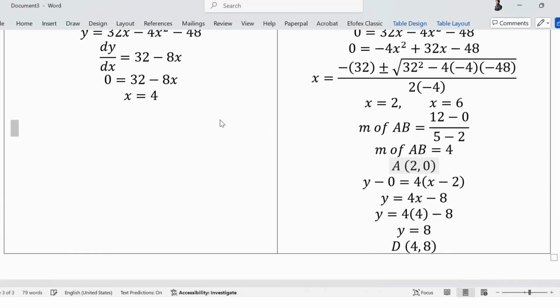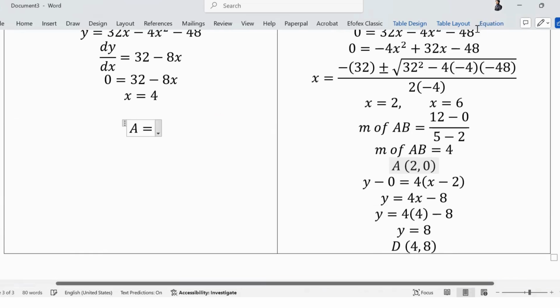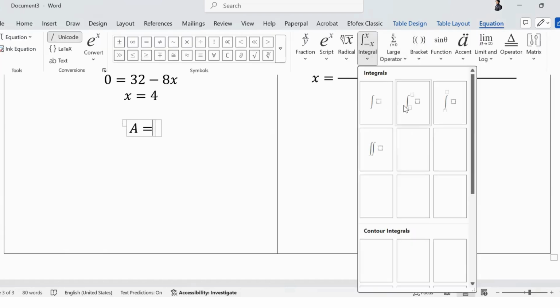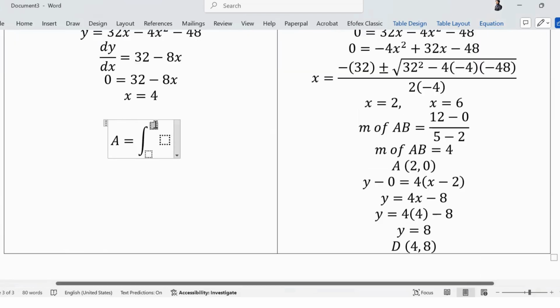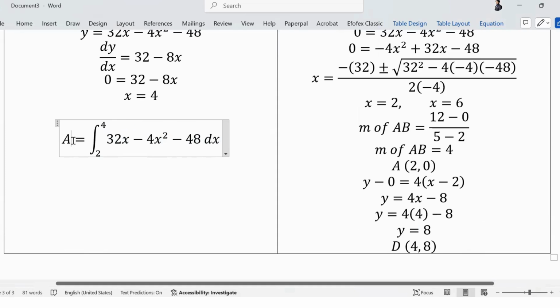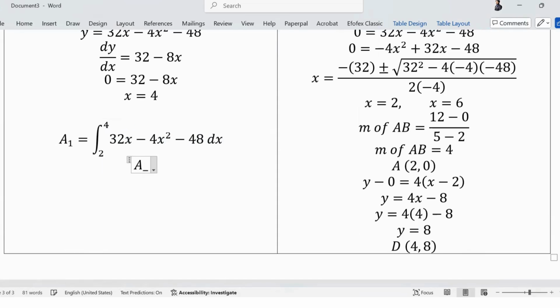Now how will we find the shaded area? We'll integrate the equation of the curve. The upper limit is 4, the lower limit is 2, and the integrand is 32x - 4x² - 48 dx. First, let's find this area. I'm calling this area 1, which is the area between the curve and the x-axis.